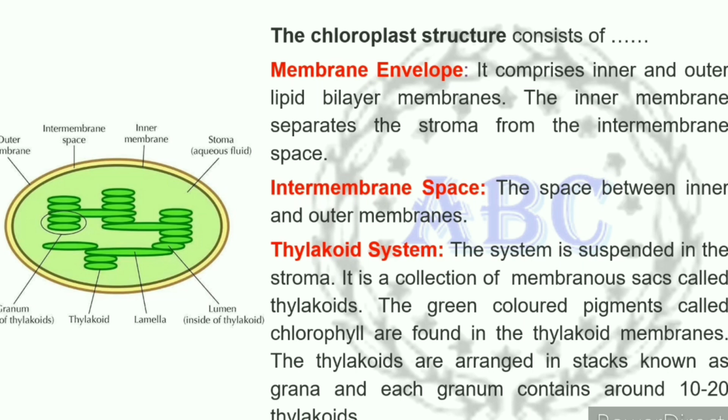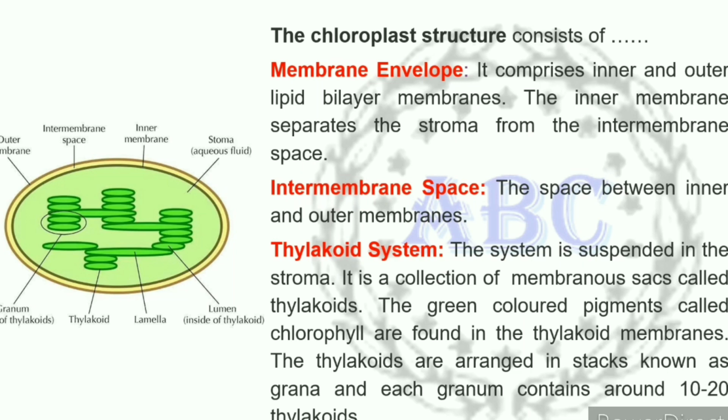The green colored pigments called chlorophyll are found in the thylakoid membranes. The thylakoids are arranged in stacks known as grana, and each granum contains about 10 to 20 thylakoids. In this figure, these dark green colored parts are the thylakoid membranes on which chlorophylls are organized.